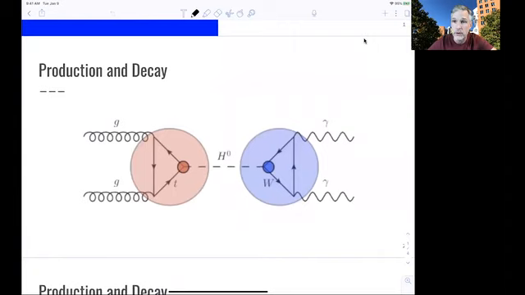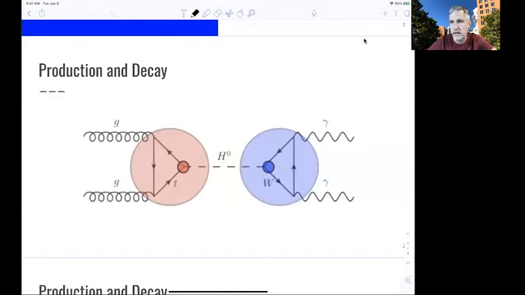We already know now that the Higgs boson has a mass of 125 GeV. So the collisions have to have enough energy to produce this particle. We're using protons to do this because protons can be accelerated more easily than leptons, for example, to those energies.